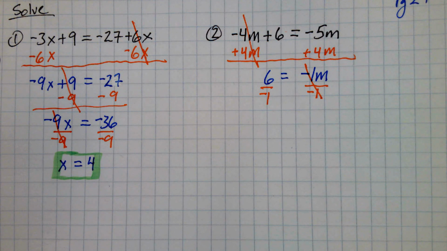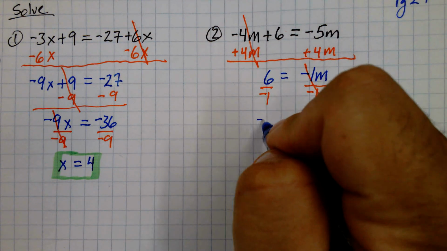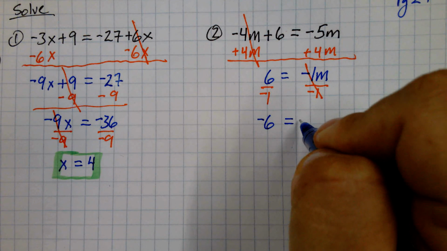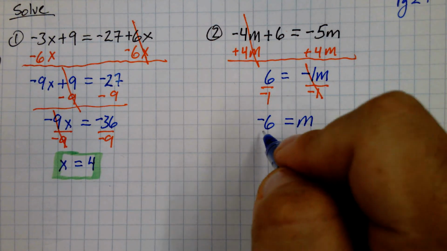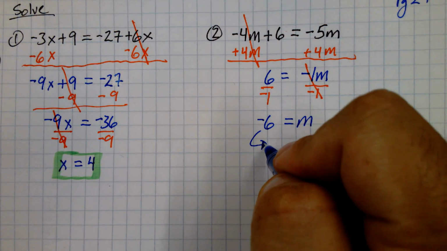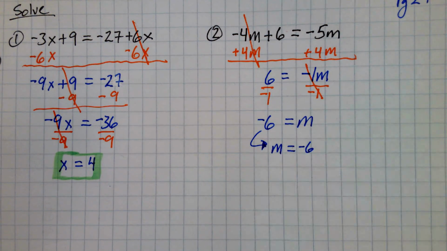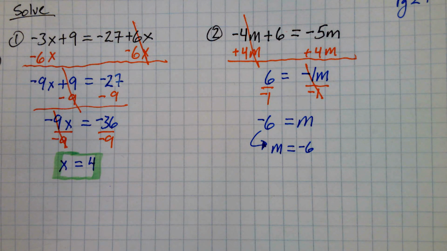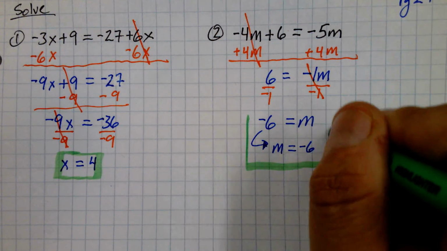So what's 6 divided by negative 1? Negative 6. And there I got just that. I could flip this around if I want and write this as m equals negative 6. And that's my answer. Negative 6 is the solution here.